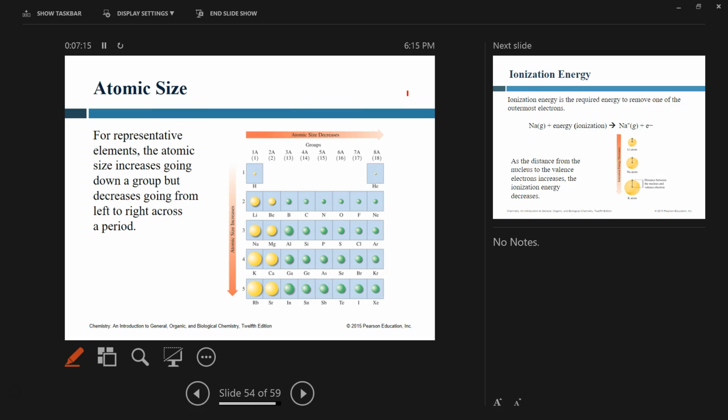Now, this basically shows you the comparison of the sizes. Now, don't take it literally, please.